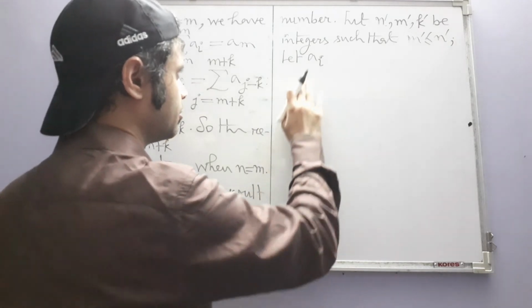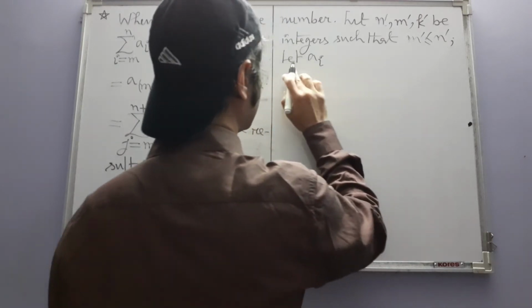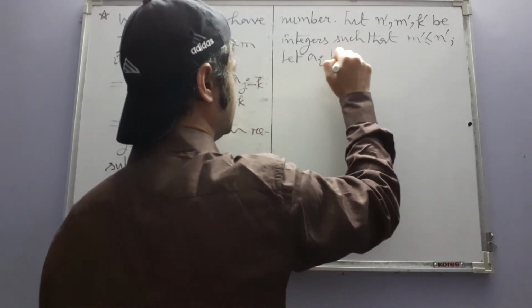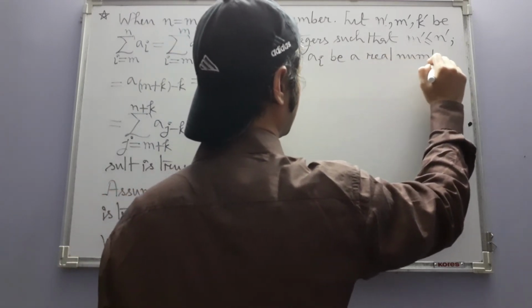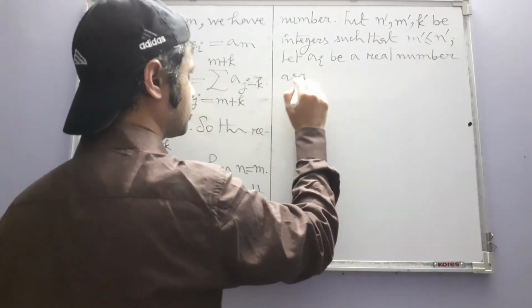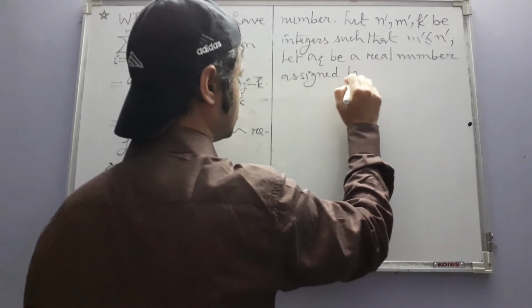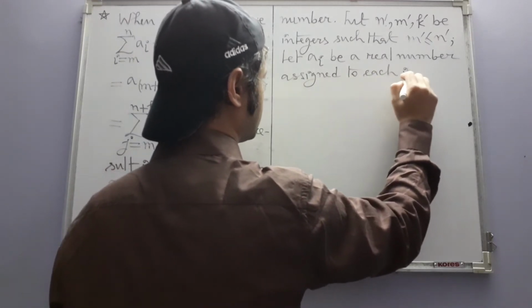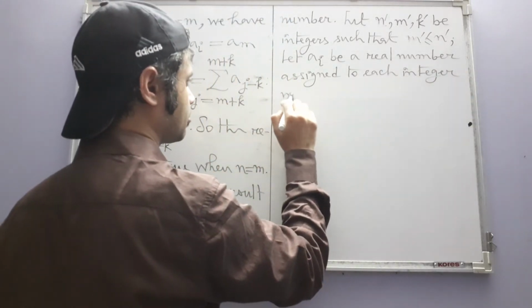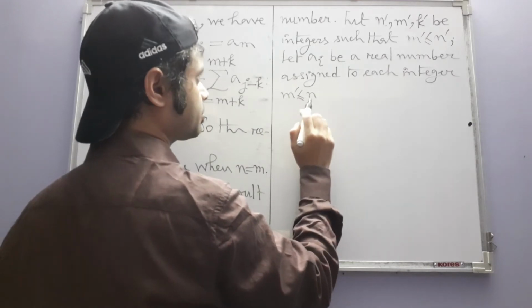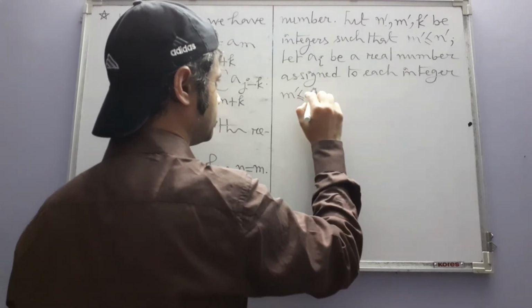In order to not be needlessly artificial like this, let a_i be a real number assigned to each integer i lying between m prime and n prime.